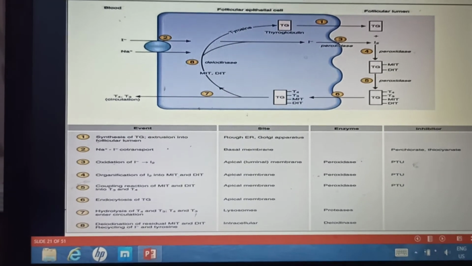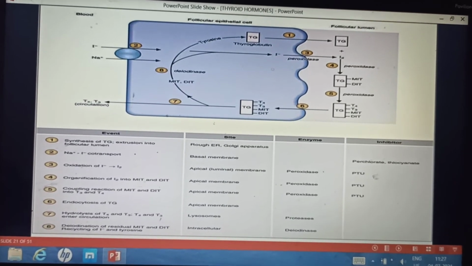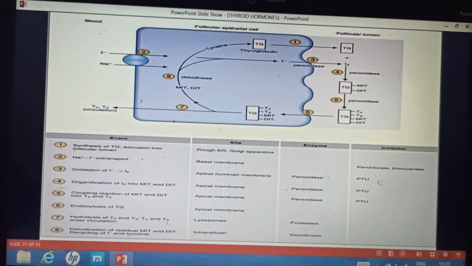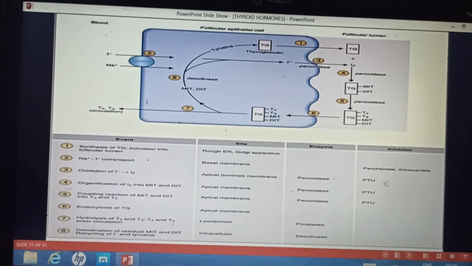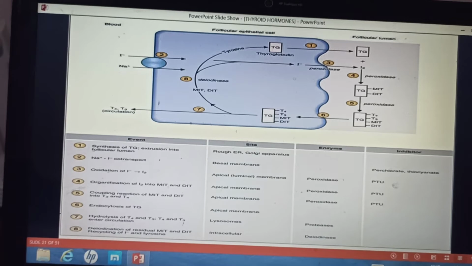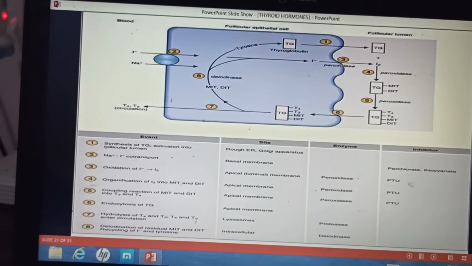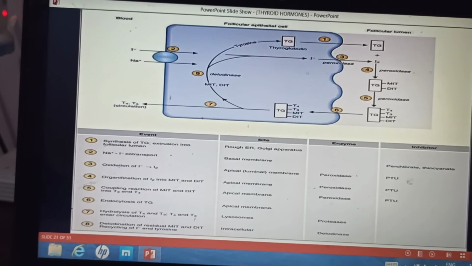So all these reactions take place, the sites are shown. Sodium iodide symporter is located in the basal membrane of the follicular cells, while the oxidation, iodination and coupling, endocytosis, they take place in the apical membrane of the follicular cell.